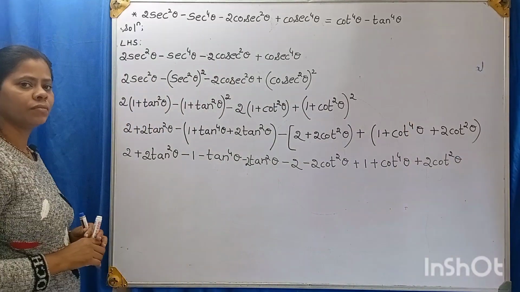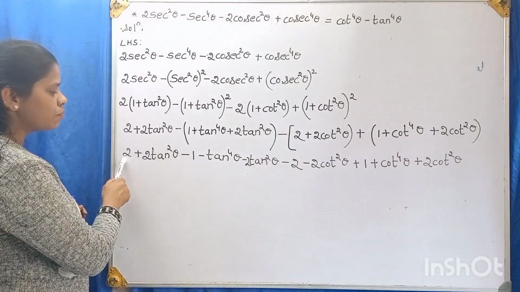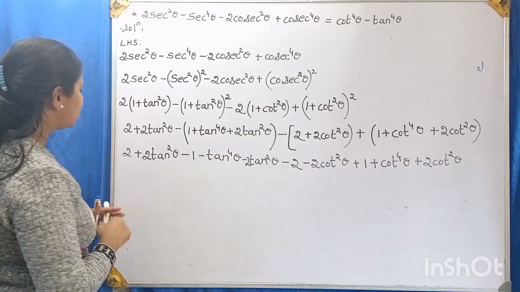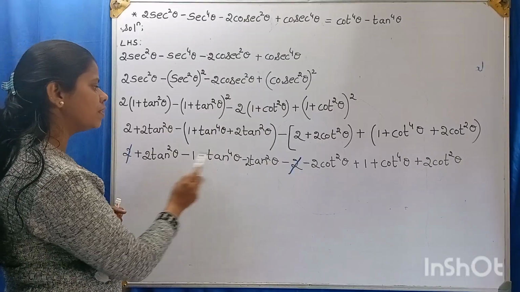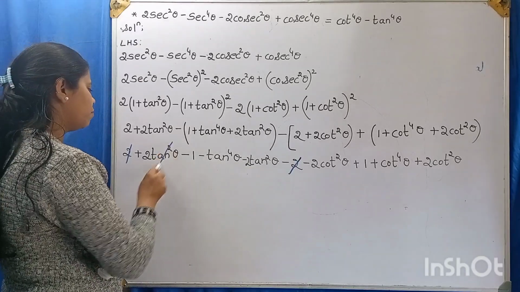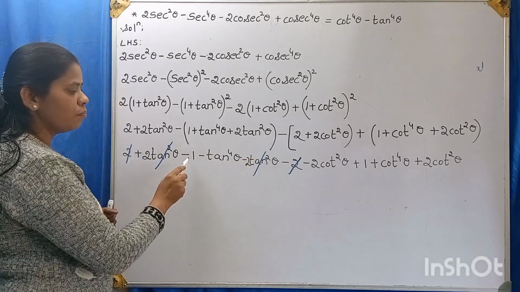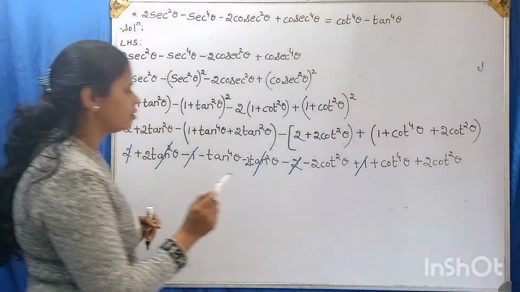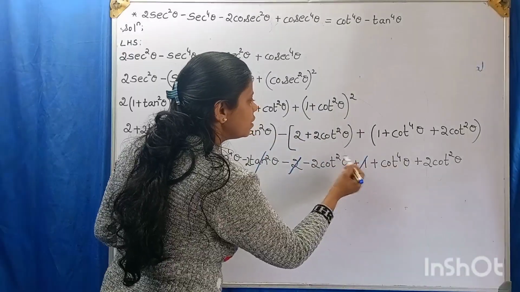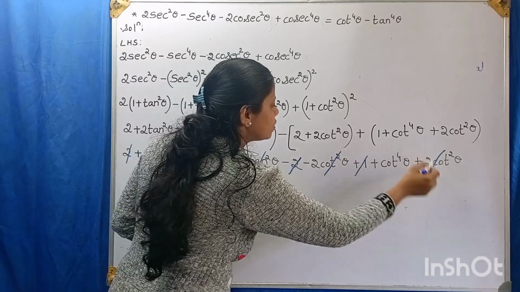Okay. Now look at this. This plus 2 and minus 2, they will get cancelled. Plus 2 tan²θ minus 2 tan²θ, it will get cancelled. Minus 1 plus 1, it will get cancelled. Then minus 2 cot²θ plus 2 cot²θ, it will get cancelled.